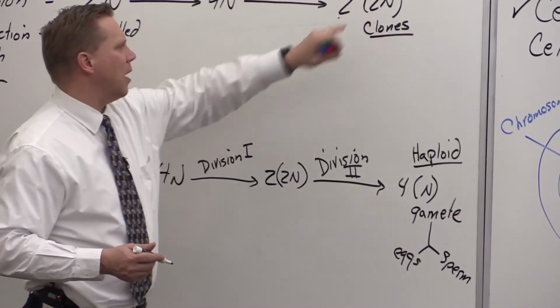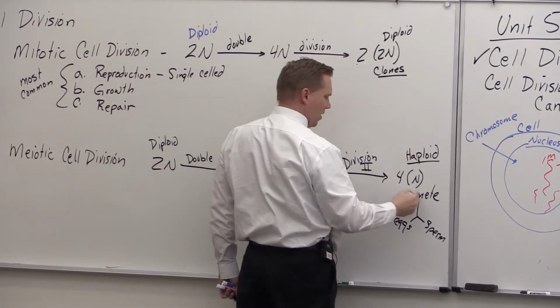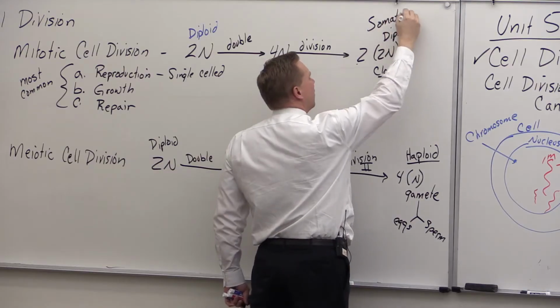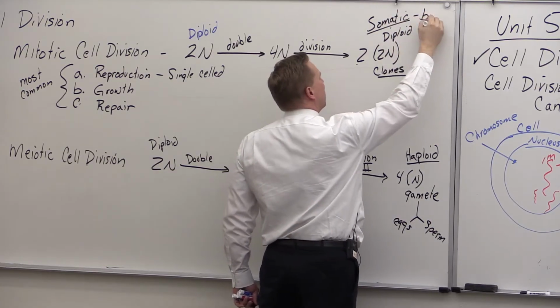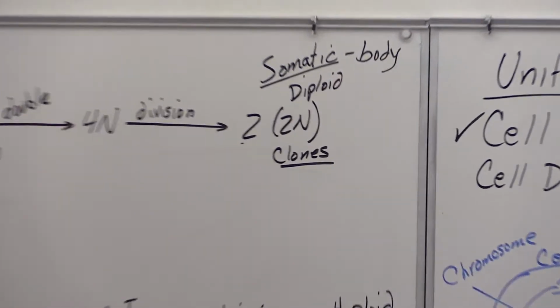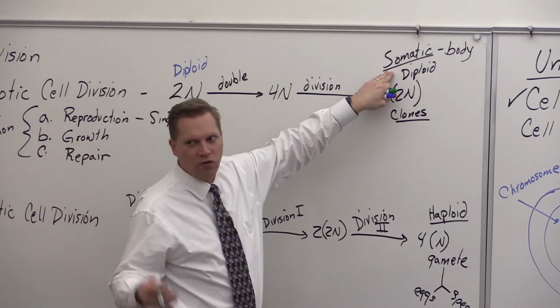Up here, the diploid cells that you form, in contrast, the opposite of gamete is a somatic cell. And somatic cell simply means any other cell found in the body. So all the cells in your body are somatic cells. That's what you mostly are.